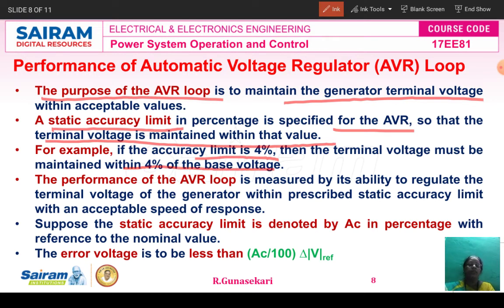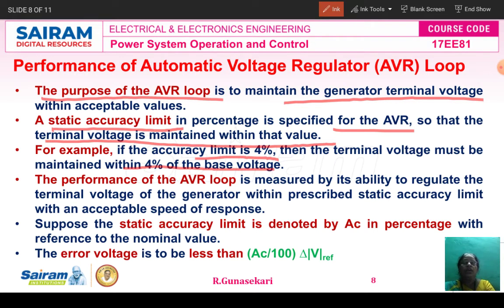For example, the base voltage is 440 volt for a 3-phase power supply. 440 into 4%, that is 4 divided by 100, means how much? That is 17.6. So 440 minus 17.6 is 422.4, that is about 422.